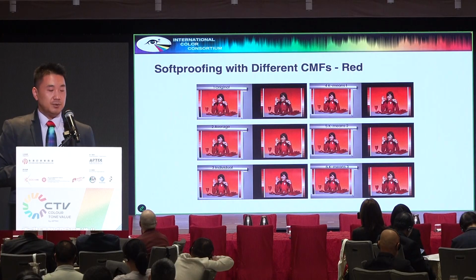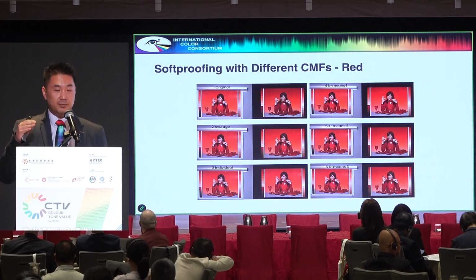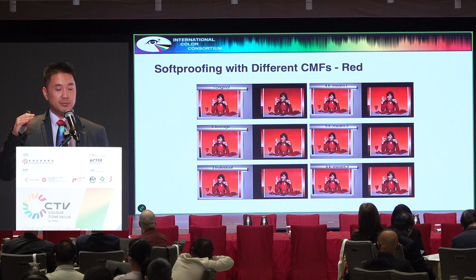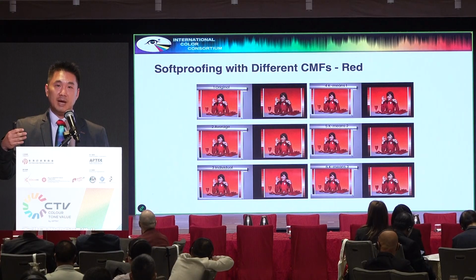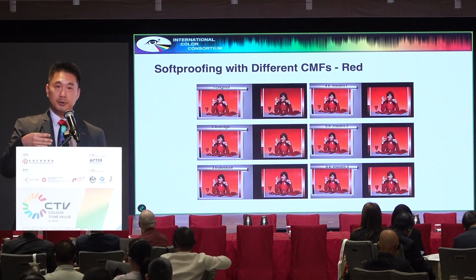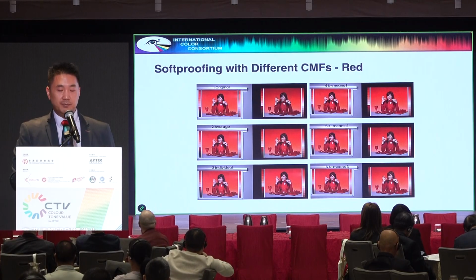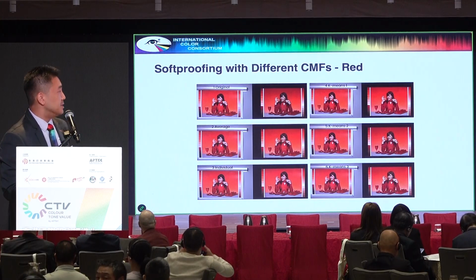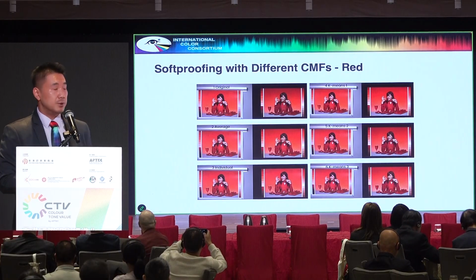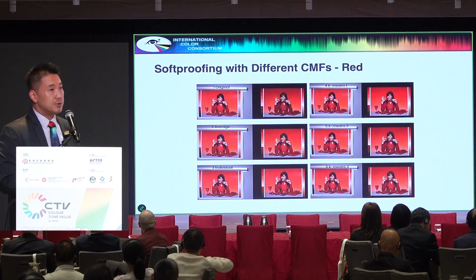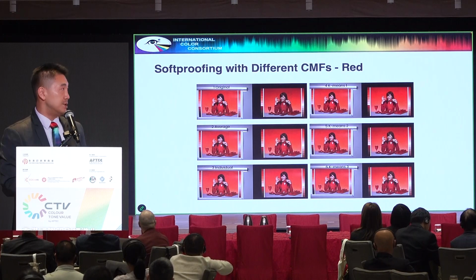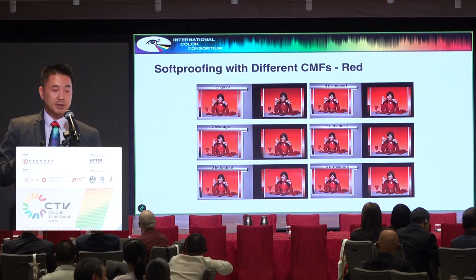So these are the images when we apply the ICC profile to the image, show it on the display, and compare to the prints. You can see what it looks like compared to real life. The prints are the same. We didn't change the print; all that changes is the displayed image.